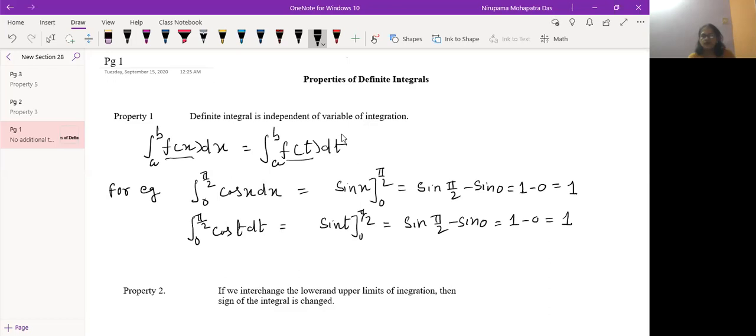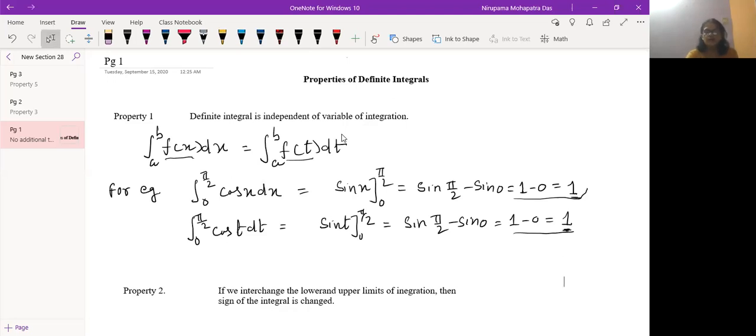As long as the function remains the same and the limits of integration are the same, there is no problem if we change the variables. It is also because in the end the result is independent of the variable. In case of a definite integral, we get a definite value which is independent of the variable. It is basically a constant. So this property is clear.